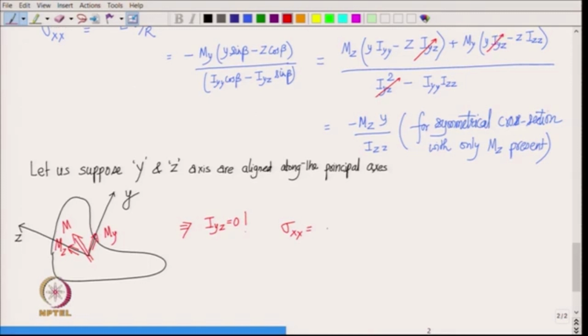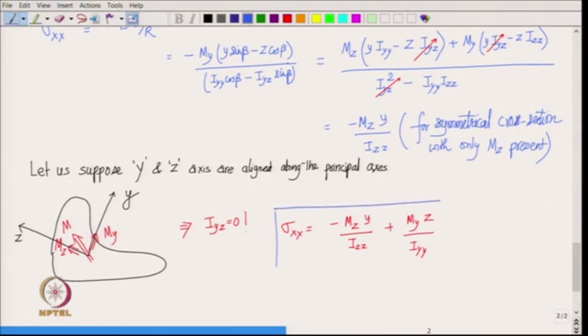Okay. So, if you work out, we are going to get minus m z into y over I z z plus m y into z over I y y. So, that is the formula that we get.